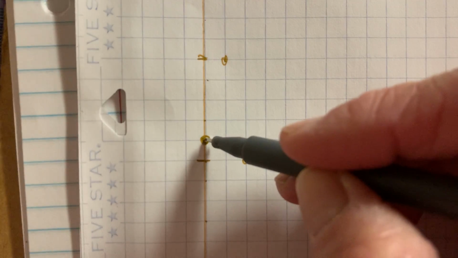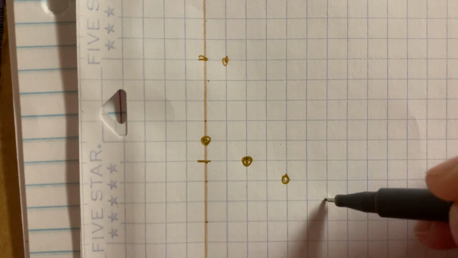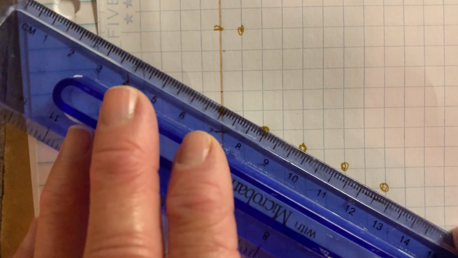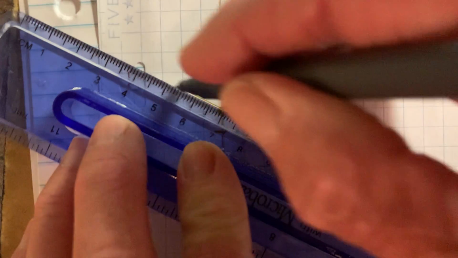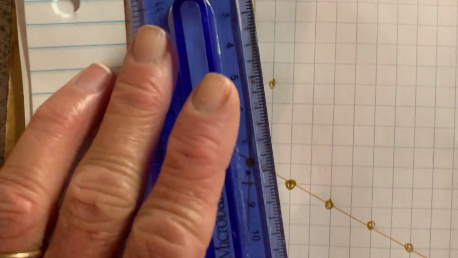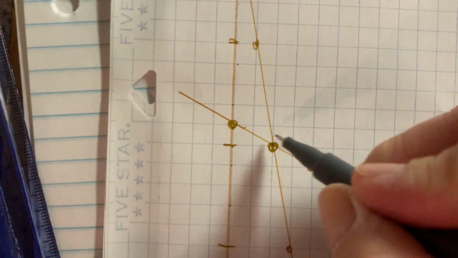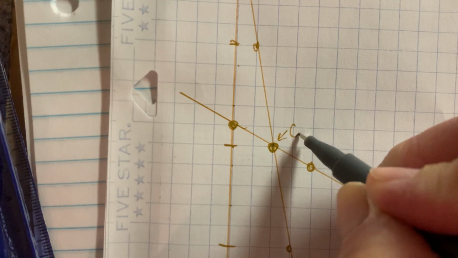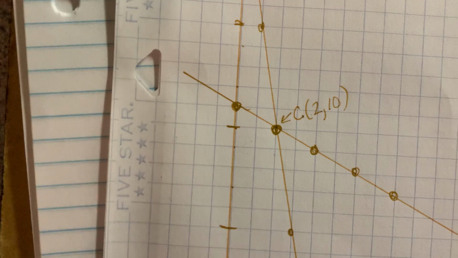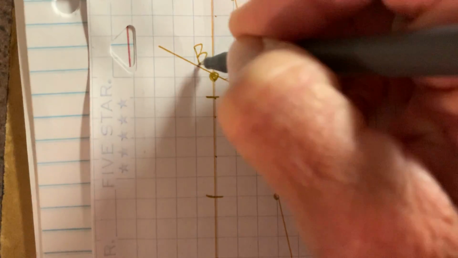So 11, down 1 over 2, down 1 over 2, and so on. Here's the second equation, and I never did graph the first one. If I graph that steeper line that had the intercept up at 20, they're going to intersect each other right here, and that intersection point is C. We already found out that C is at (2, 10), and you can see that that is indeed where they intersect. And this was point B.